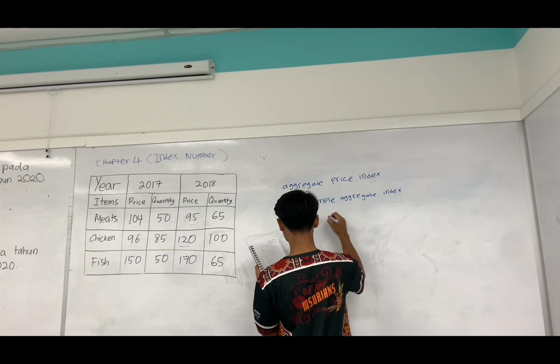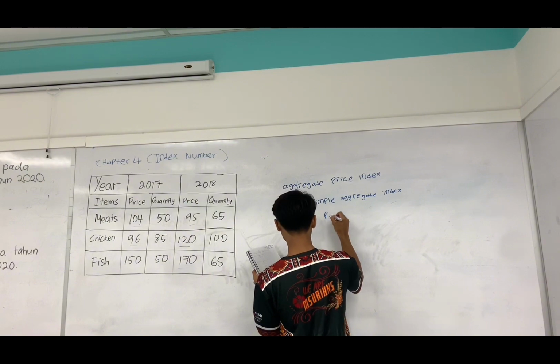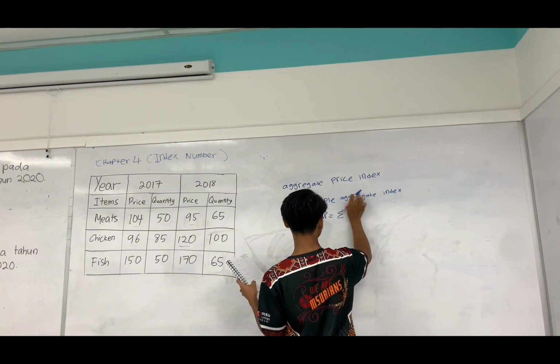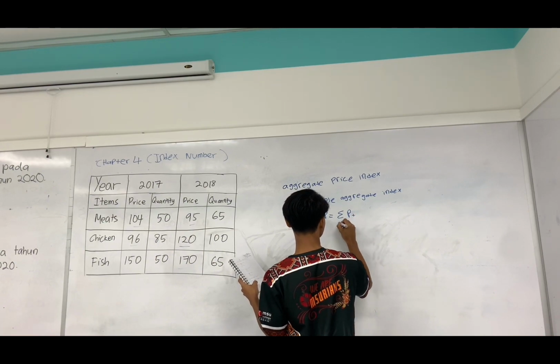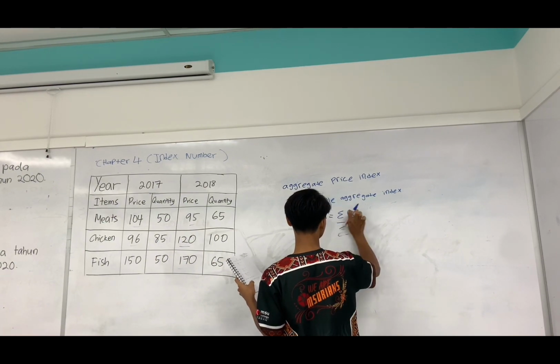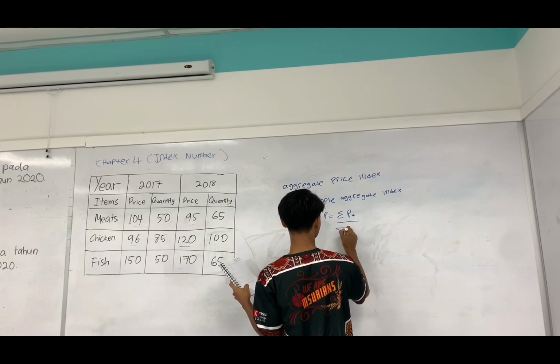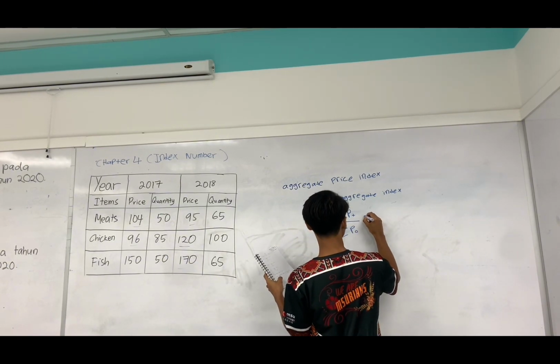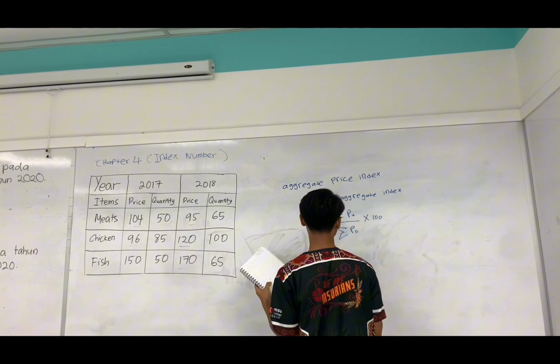The formula is P equals PT over P0 multiplied by 100.